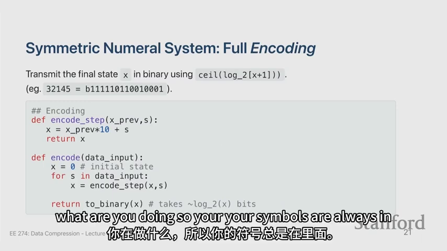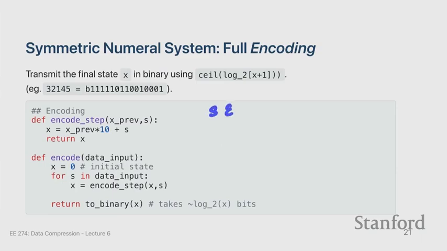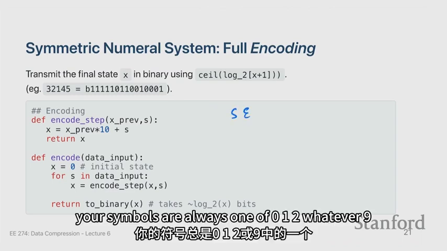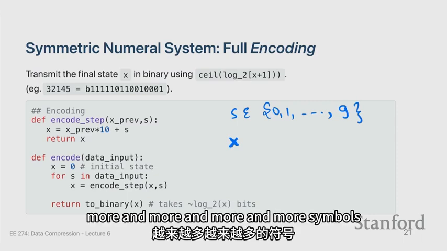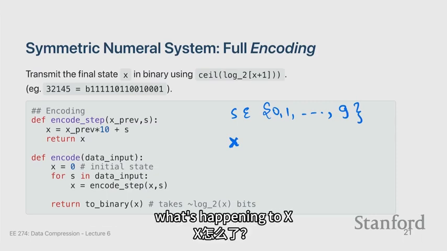What are you doing? Your symbols are always one of 0, 1, 2, up to 9. But what about X? As you keep encoding more and more symbols, what's happening to X?